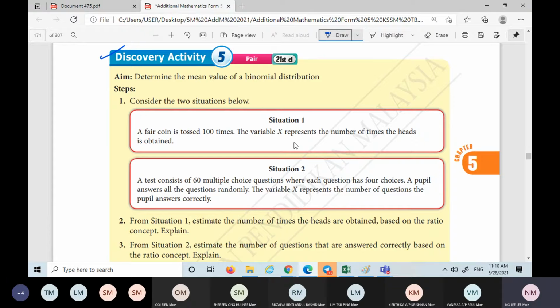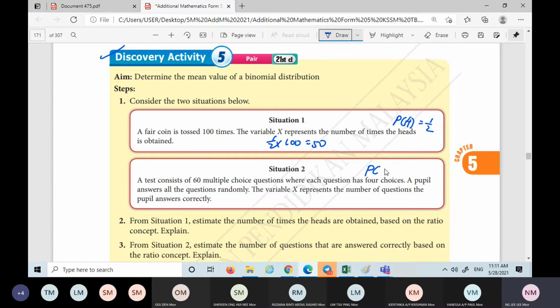Just now, the percentage for you to get a head is 50%. The probability for head is half. 50% is half, so you use the half, 50% times 100, then you get 50. This one is the same thing.